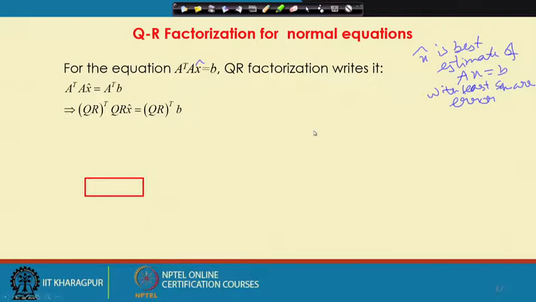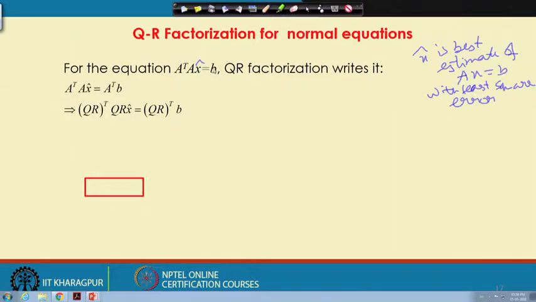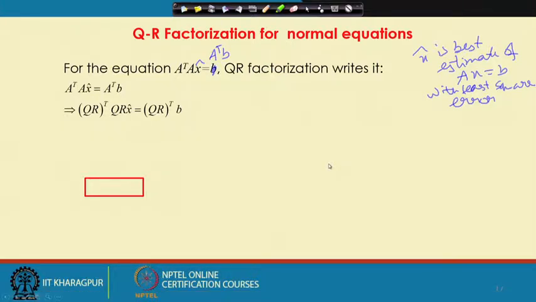and we have A transpose A x tilde equal to A transpose b. I am sorry, this will be A transpose b. So, we have the equation A transpose A x tilde equals A transpose b, and now we put the QR decomposition here. So, which is (QR) transpose QR x tilde equal to (QR) transpose b, and the transpose of a product is the product of the transposes in the reverse order.